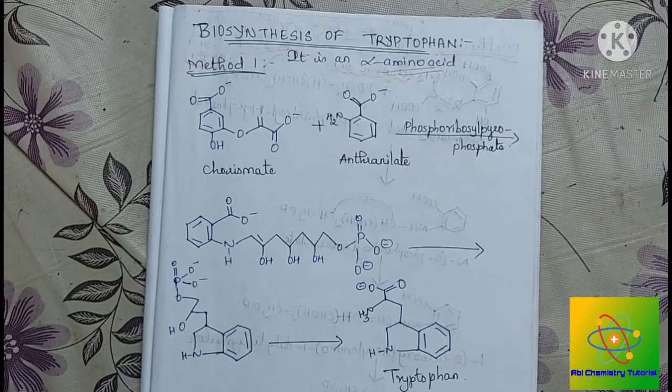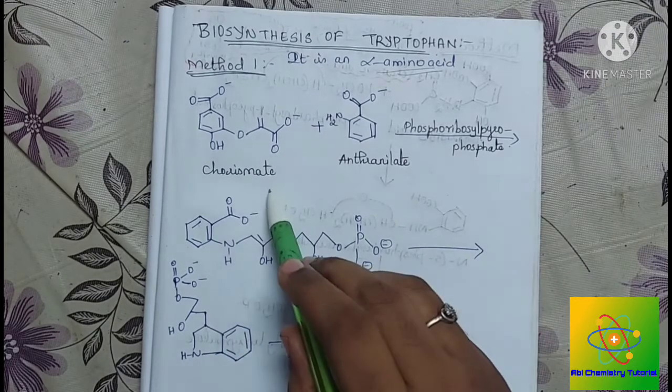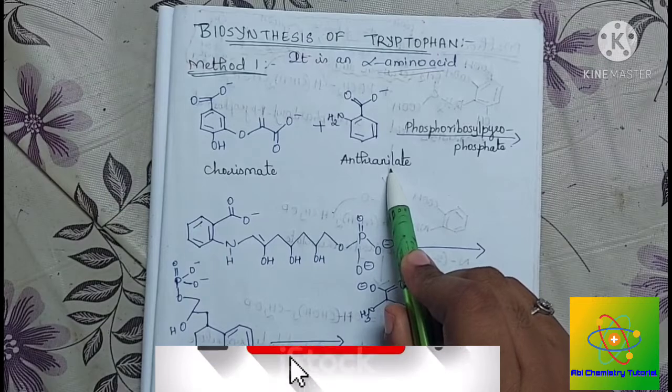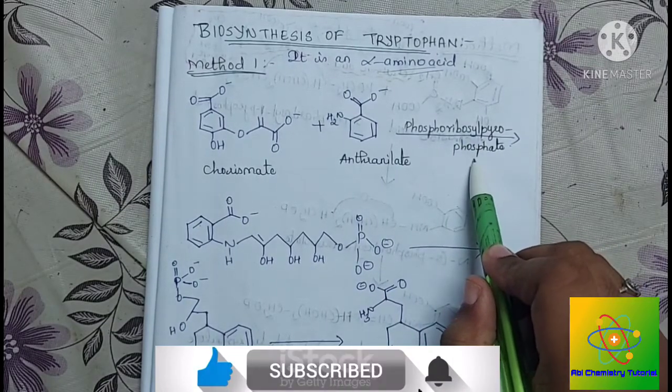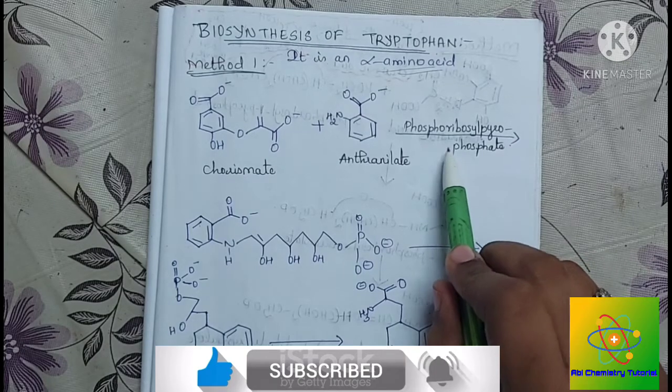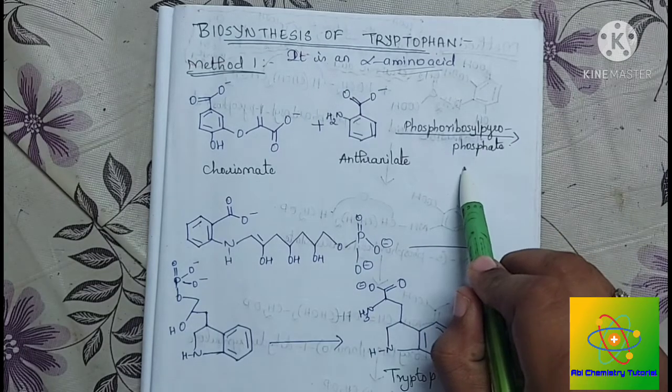Chorismate reacts with anthranilate in the presence of phosphoribosyl pyrophosphate. I will show you the structure of phosphoribosyl pyrophosphate later.